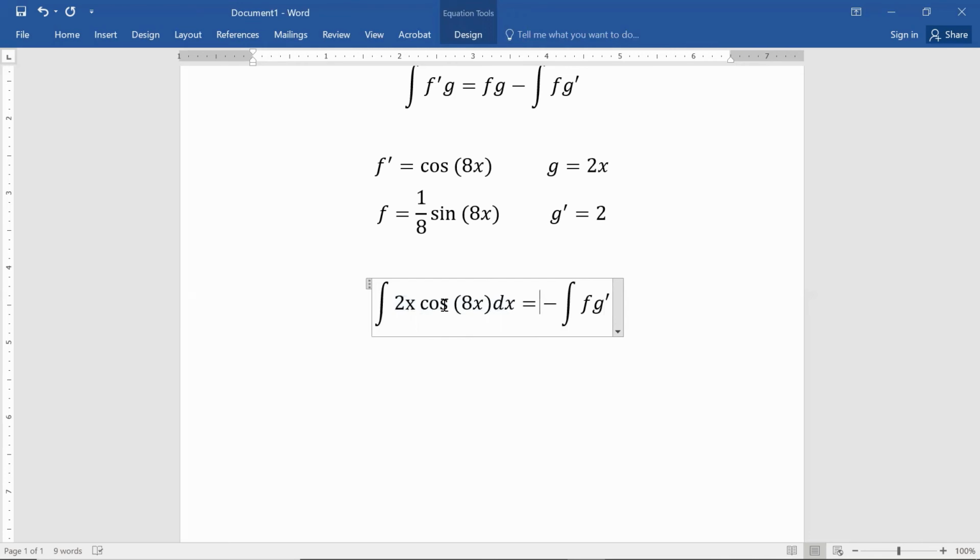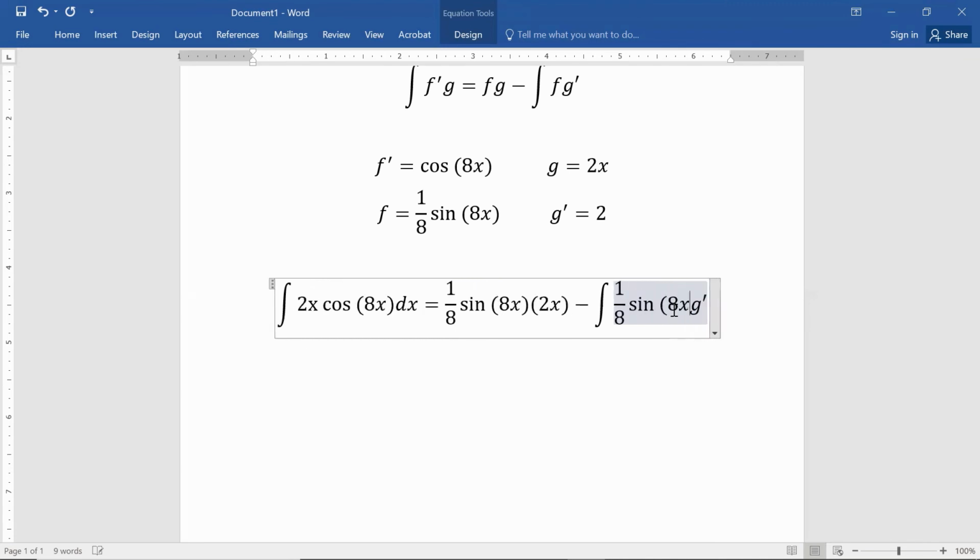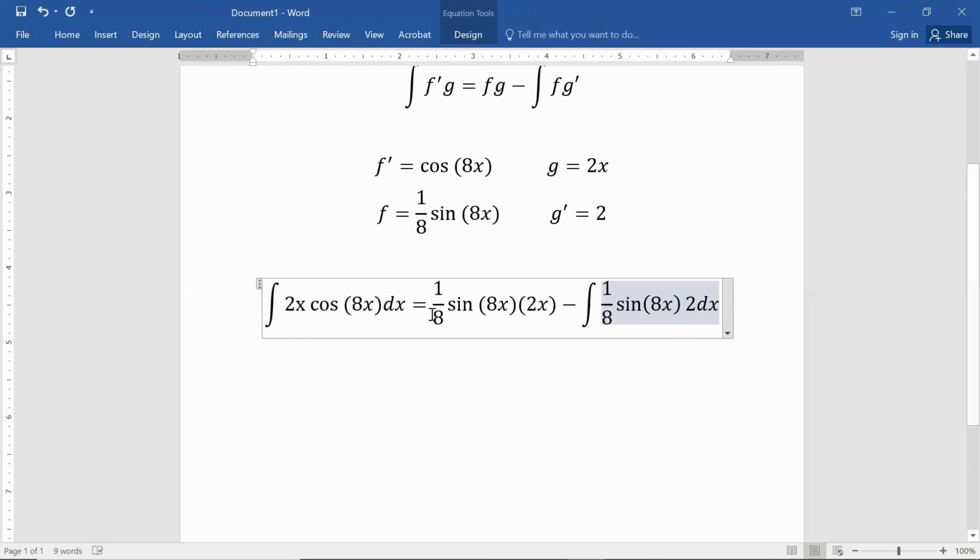F is 1/8 sine 8x. G is 2x. Now that's multiplied times 2x. I'll simplify that in a moment. Minus normal f times g prime. Normal f is 1/8 sine of 8x times g prime, which is 2, integrated with respect to x.